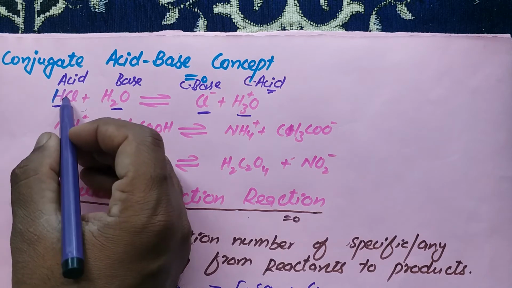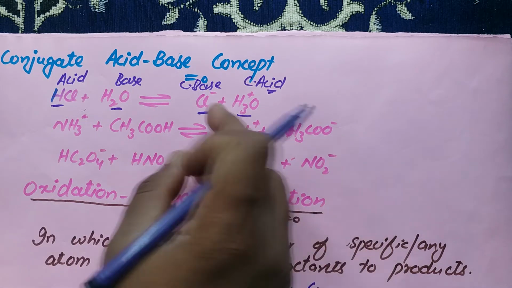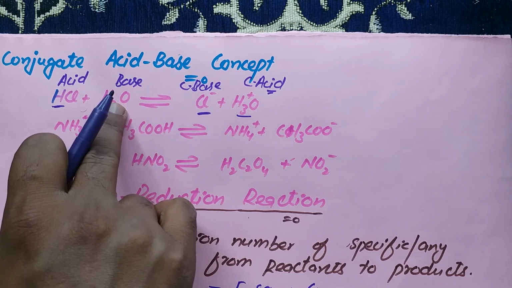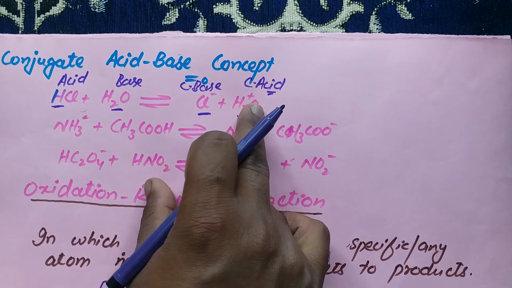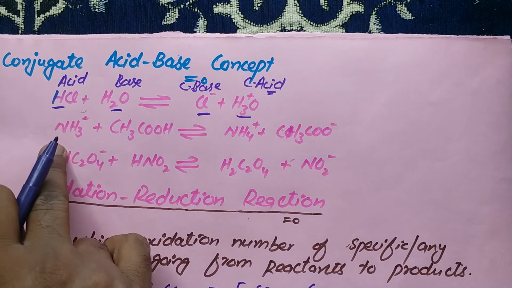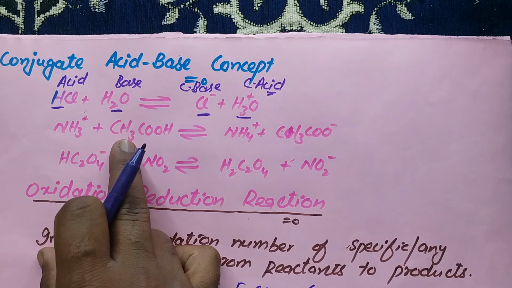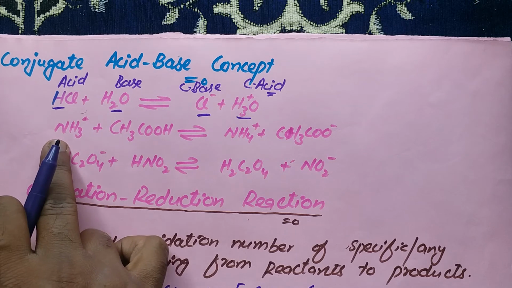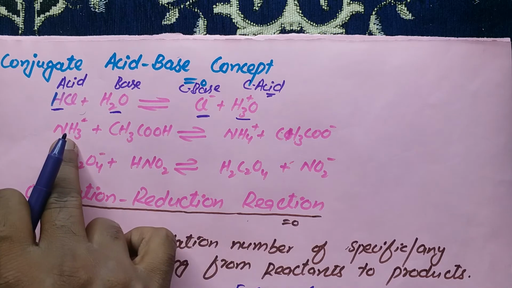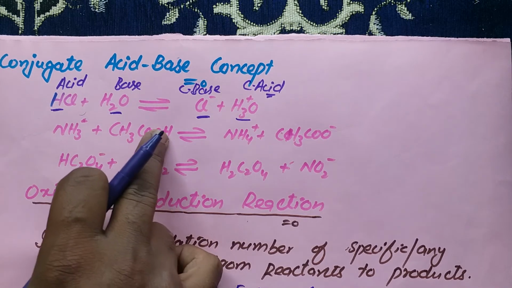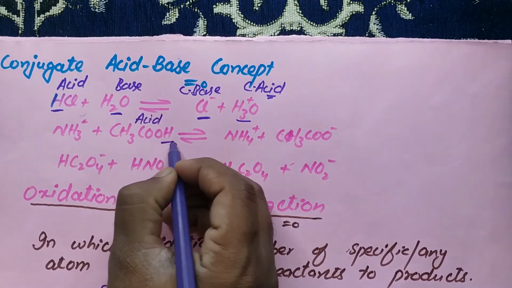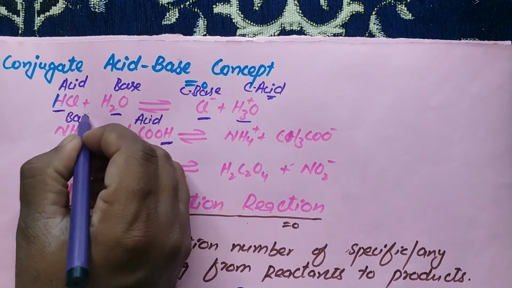Clear that acid gives proton and converts into conjugate base, and base accepts proton and converts into conjugate acid. So we move on to the next example, NH3 plus CH3COOH. NH3 is called ammonia and CH3COOH is called acetic acid. So acetic acid will give a proton to NH3. It will act as acid, and NH3 will act as base.